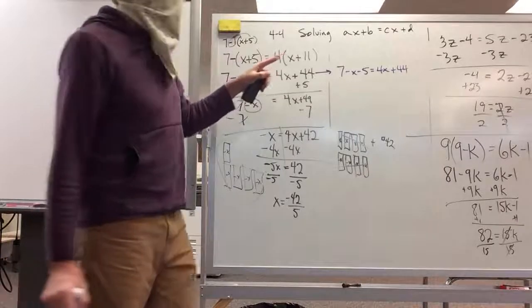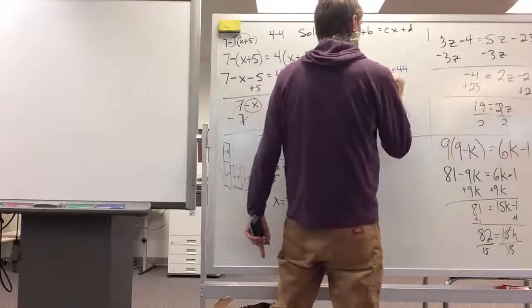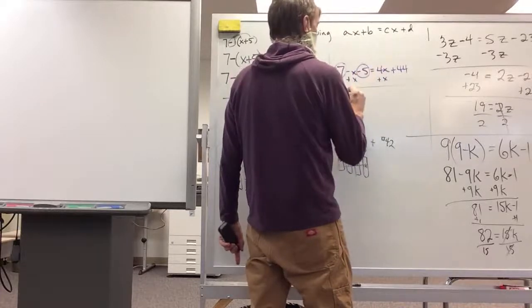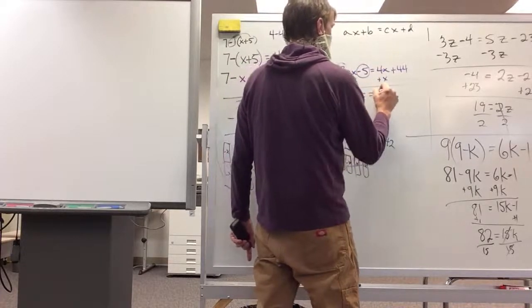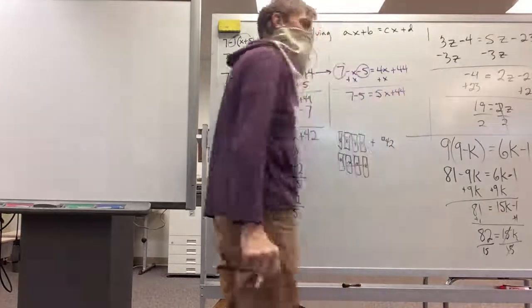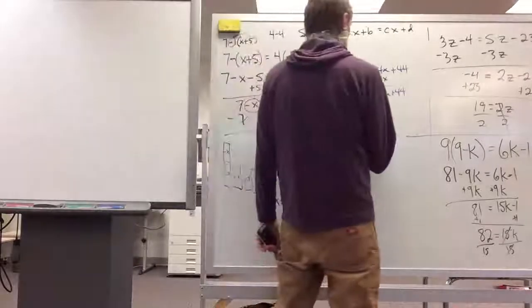Stick with the variables first. Watch. Plus x. Plus x. Now you have a 7 and a negative 5. Yes? 7 minus 5 is 2.